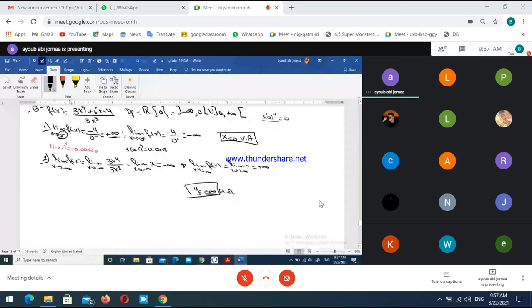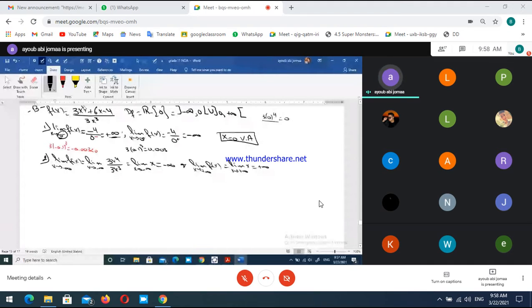Here the limit at infinity is infinity, so there is a possibility of an oblique asymptote; maybe, maybe not. To find the limit at infinity, you take the highest exponent: 3x power 4 over 3x power 3.